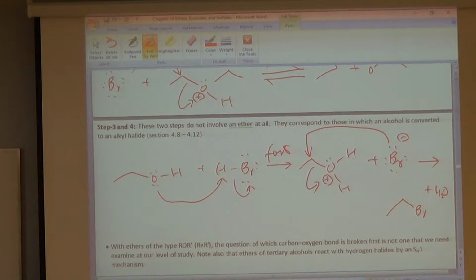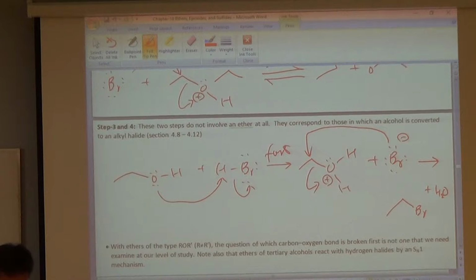For this example, you have a dialkyl ether, so this is an alkyl group, not an aryl. If it's aryl, like in benzene, you probably will not finish the last step, step 3.